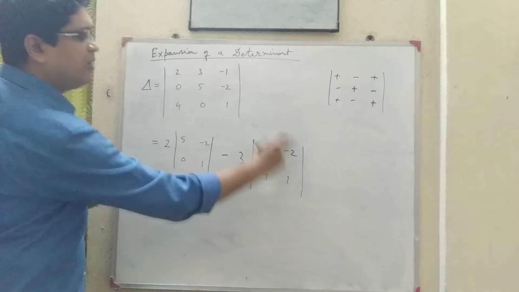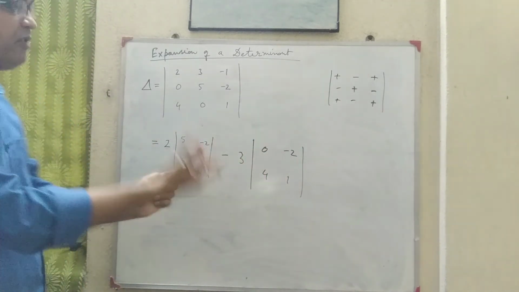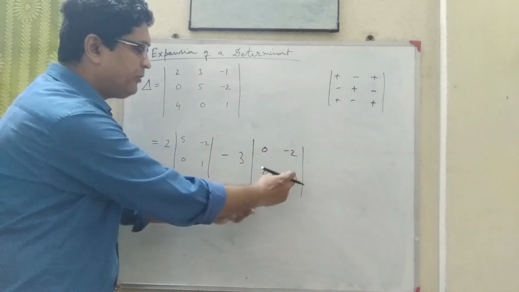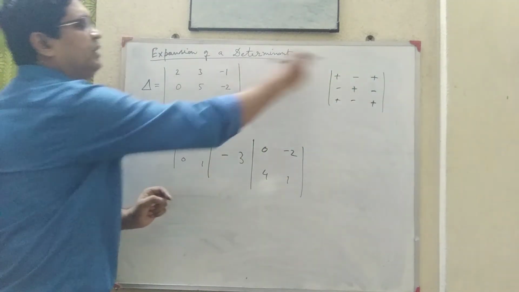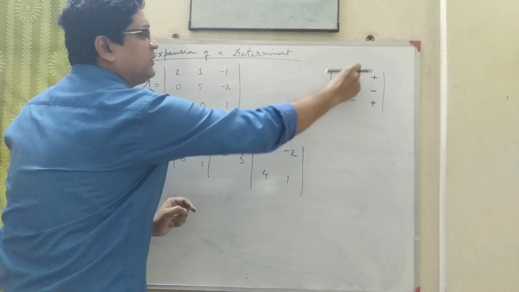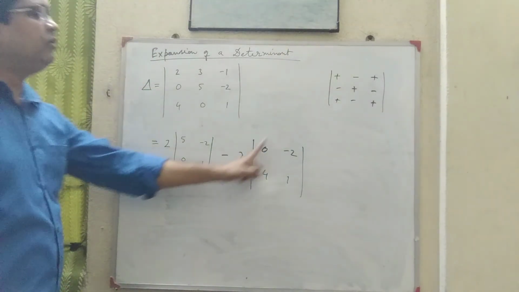This is the minor of 3, and the sign of the cofactor will be minus, because the sign of this position is minus. So minus 3 into this.